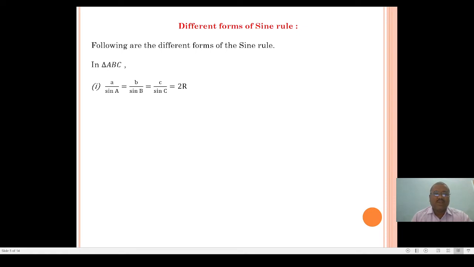This is the sine rule, and we see this form of sine rule. Number 2, a equals 2R sin A, b equals 2R sin B and c equals 2R sin C.